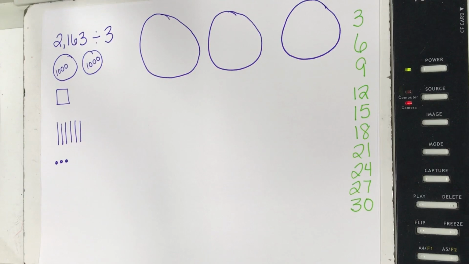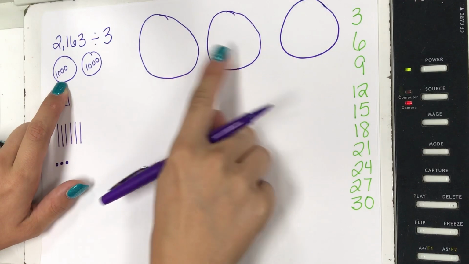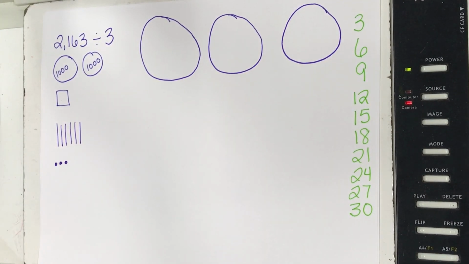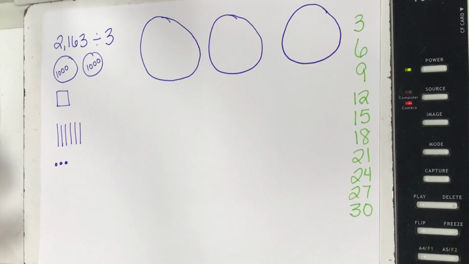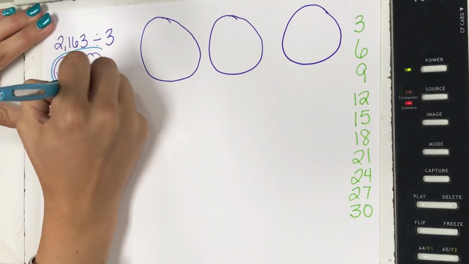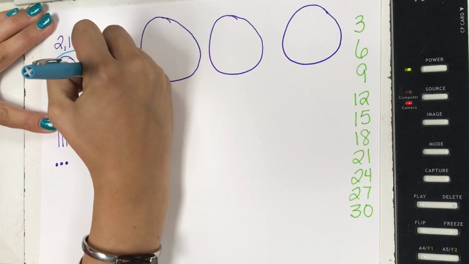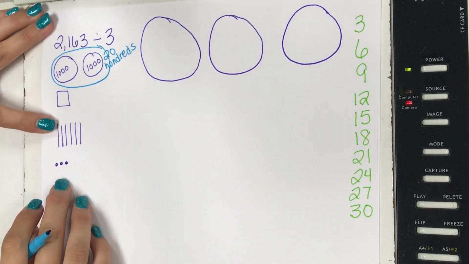So, if I have 2 thousand-dollar bills, can I share that equally with 3 people? No. What do I need to do? Trade. All right, so I'm going to take these 2,000s and trade them for 20 hundreds.